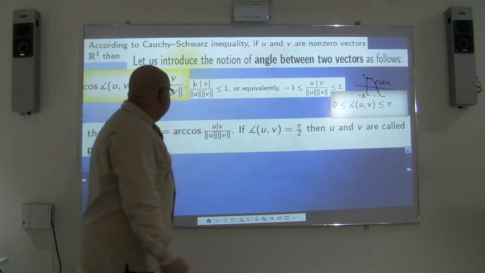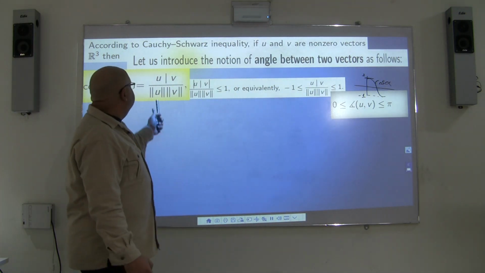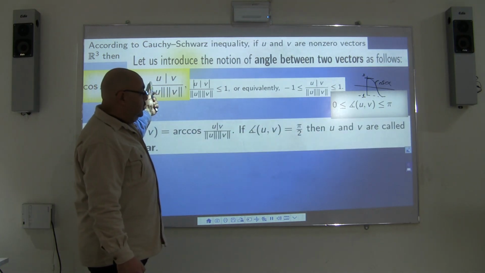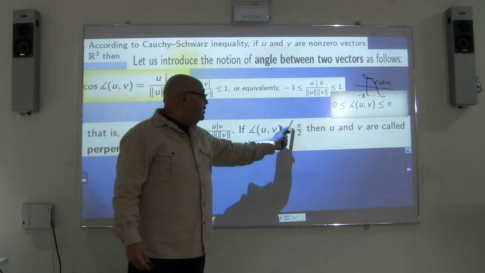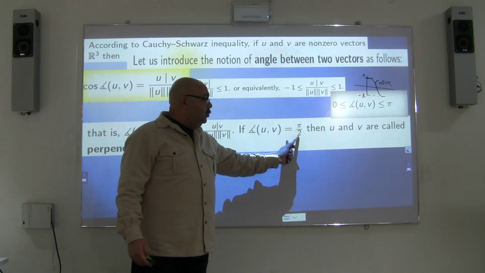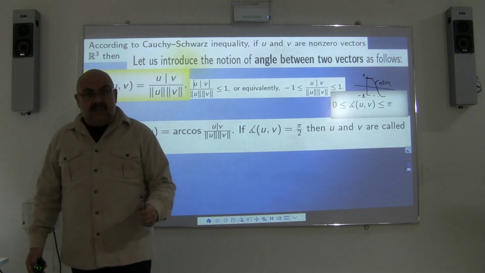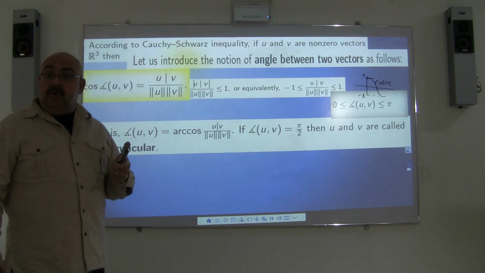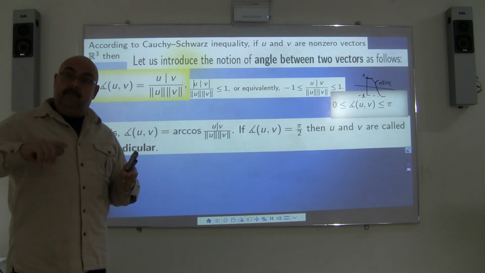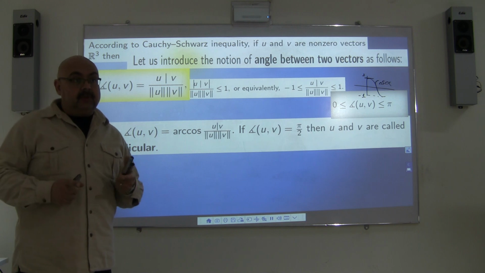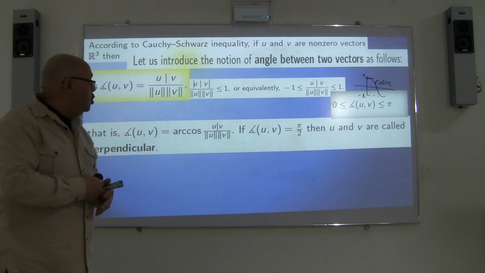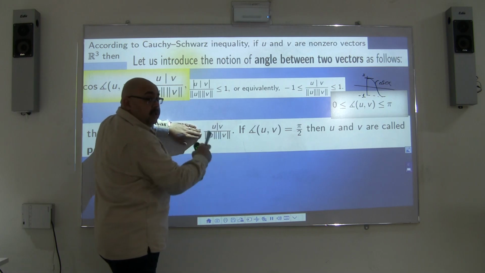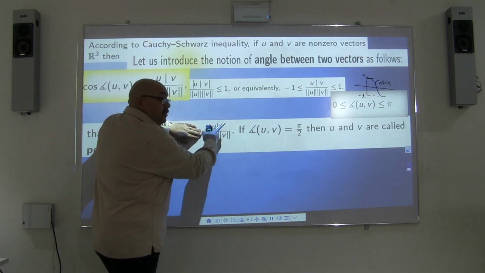Also, if the cosine is equal to 0, it means that the angle is going to be pi over 2, which, in this case, we call perpendicular vectors. So that's another condition for perpendicularity between vectors. And it makes sense when this value is equal to 0. If this fraction is equal to 0, it means the numerator, the inner product, is equal to 0.